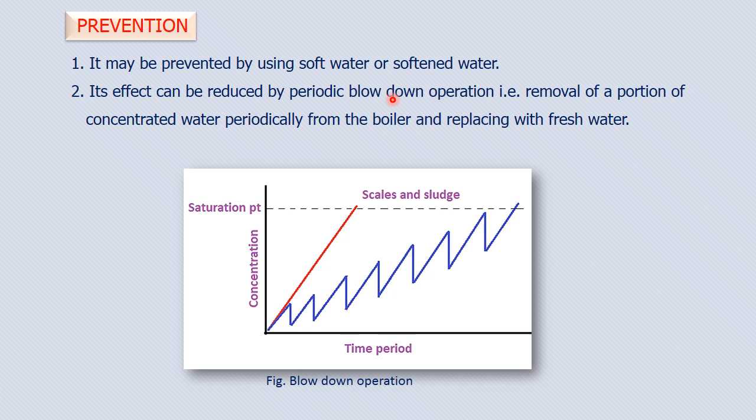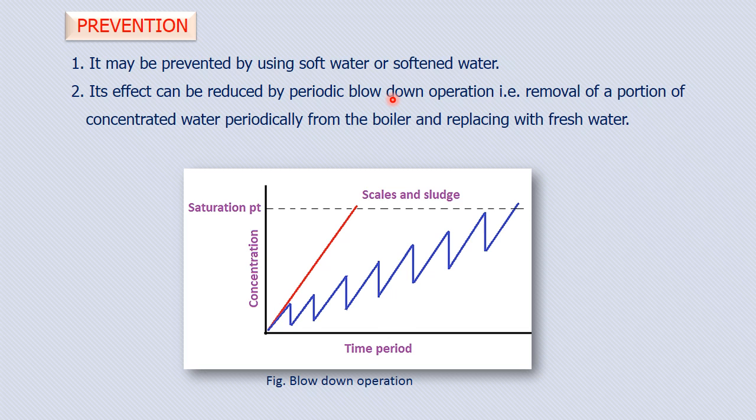But when we do periodic blowdown operation, that is explained by the blue line in the graph. Initially the red and blue lines merge, and the increase in the salt concentration is the same. Then periodically, in a given period, we do the blowdown operation. What is periodic blowdown operation?